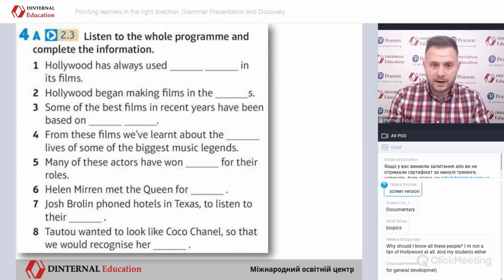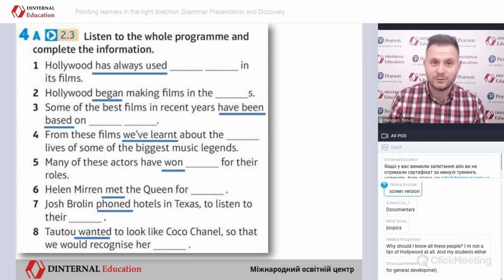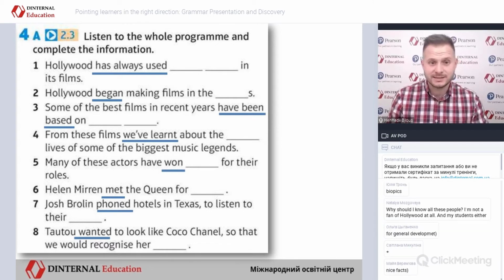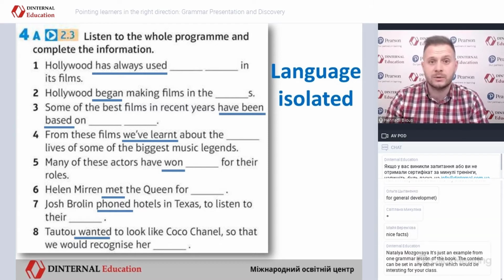However, you see that these sentences are not any sentences from the listening. These are the sentences that do contain target grammar, which do contain present perfect and past simple. And in this way, we could, as teachers, isolate the language for our students.